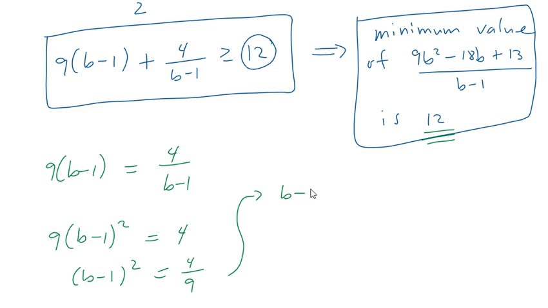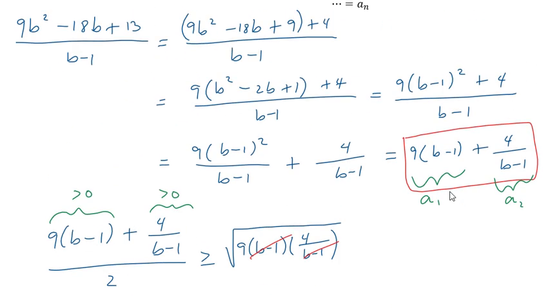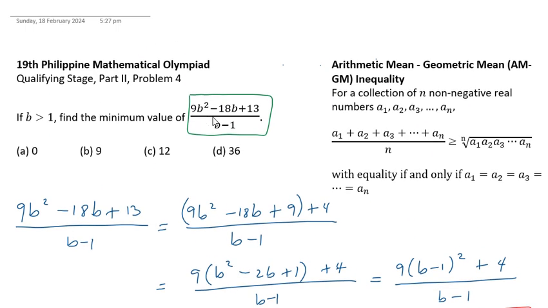So b minus 1 equals 2 over 3. And so b must be equal to 1 plus 2/3, or 5 over 3. Indeed, this is attainable when b is equal to 5 over 3. So now we are sure that the minimum value of the expression (9b squared minus 18b plus 13) over b minus 1 is 12.